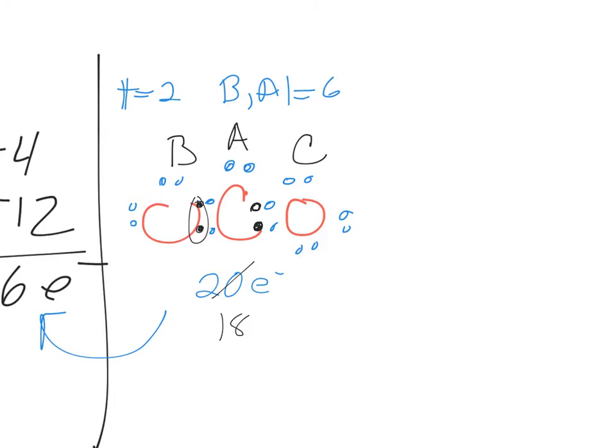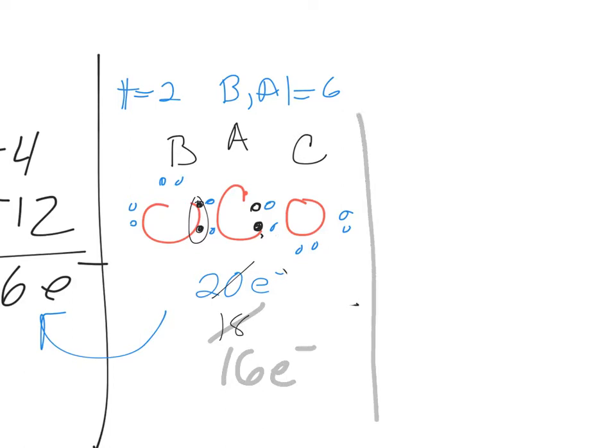Since I inserted now between A and C, I'm going to remove electrons, 2 from A and 2 from C. I now have 16 electrons, and everybody still has 8.